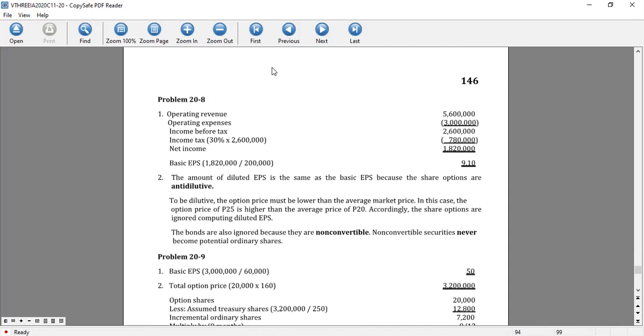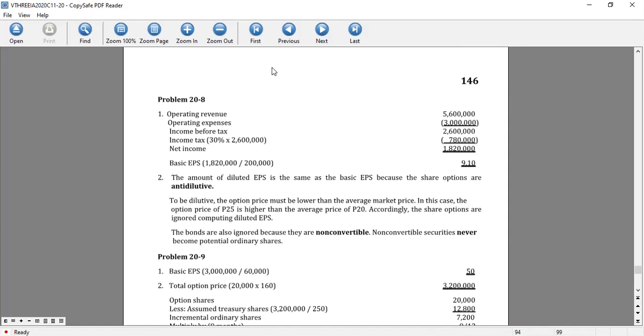So in 20-8, we have the operating revenue of 5.6 million, the operating expenses of 3 million. So we have the income before tax of 2.6 million, the income tax rate of 30%, leaving net income of 1,820,000. So the basic EPS is the amount of net income after tax, 1,820,000 divided by 200,000.